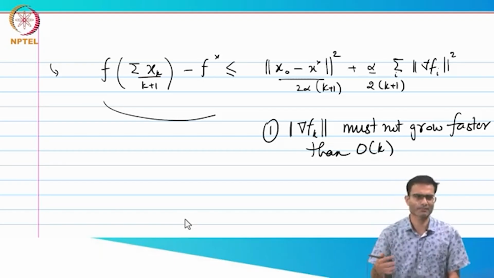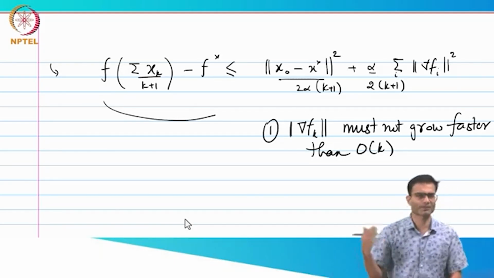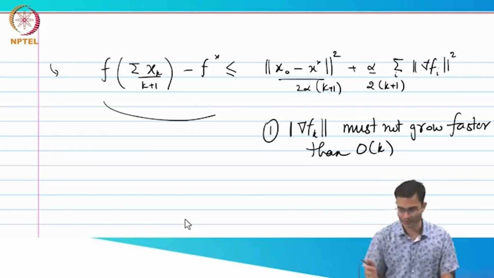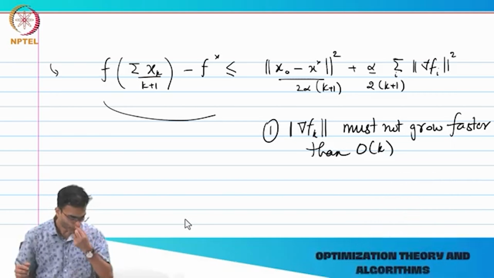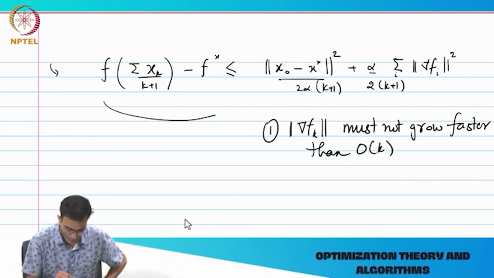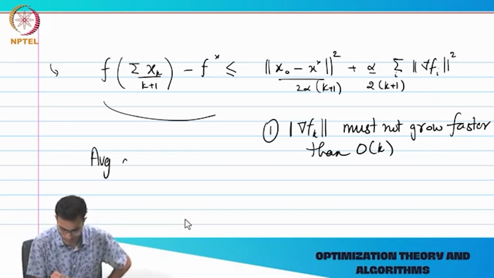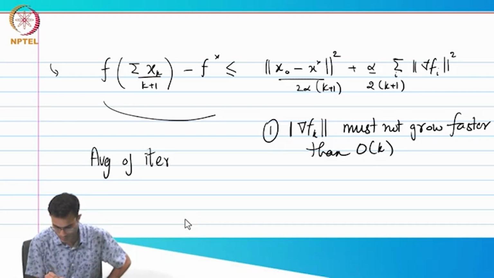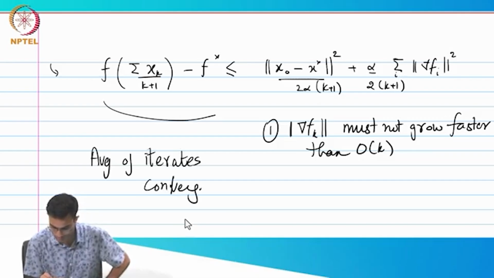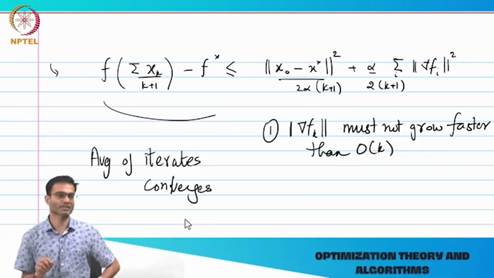And so this can be satisfied by things like Lipschitz, etc. So this is not very hard to ensure. So what is this saying? That the average of the iterates, this is what it is saying, right?